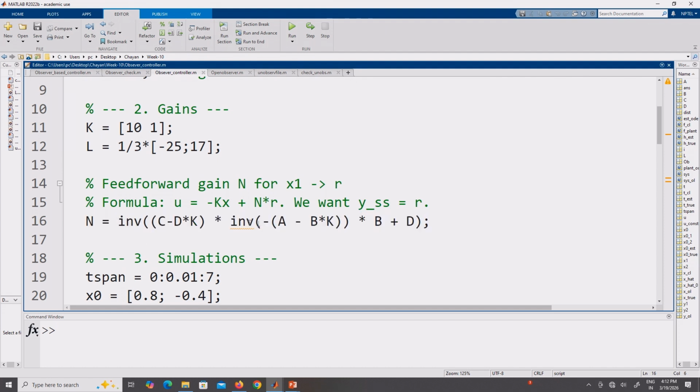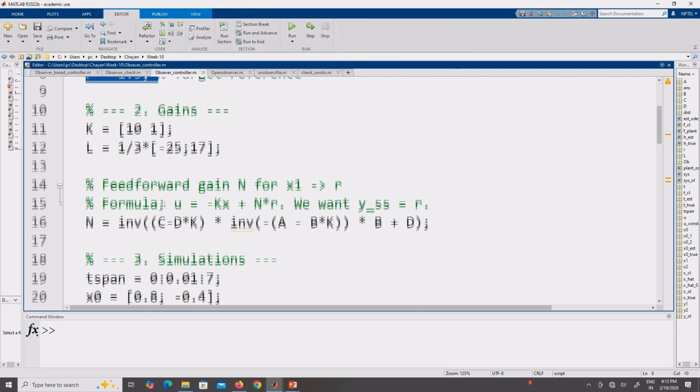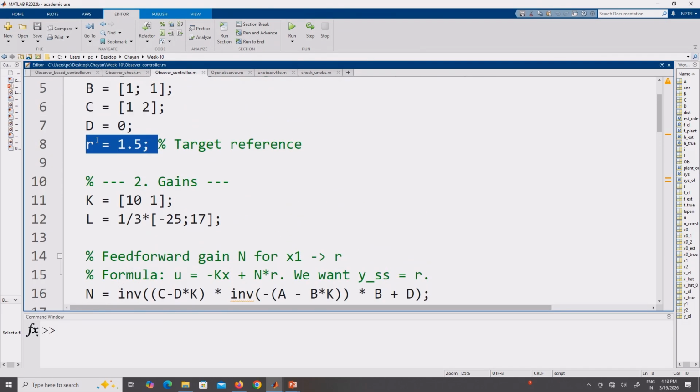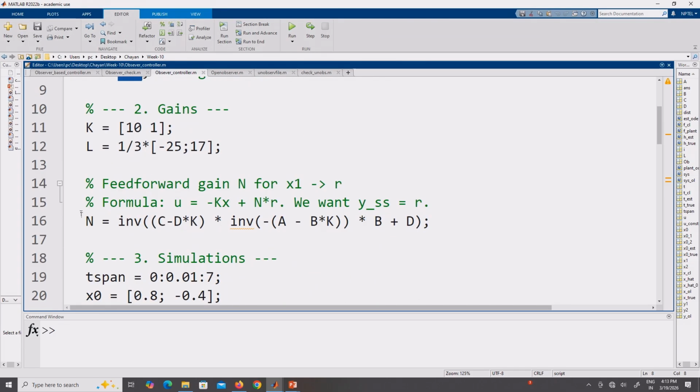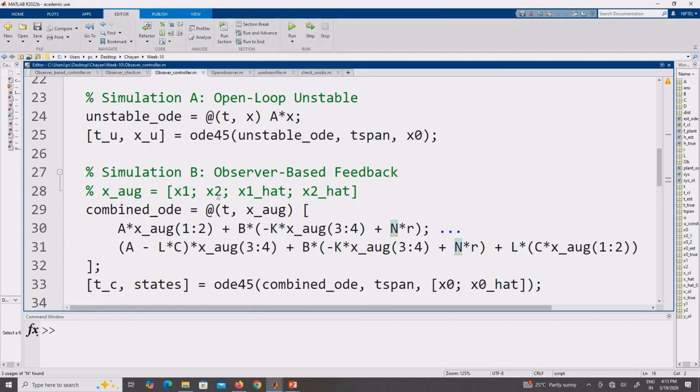So, we can actually go ahead and take an n value, we can actually go ahead and take a target reference also. So, I am taking the target reference to be 1.5. I mean, although this question did not ask for that, but if you want, you can do that. You can find out the n also. Let me try to simulate this.